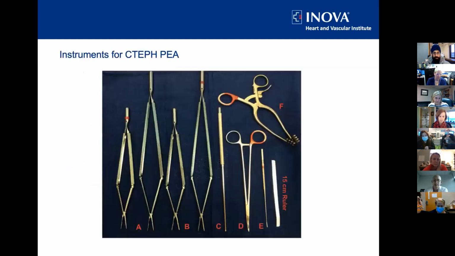There's no doubt that San Diego has been at the forefront, leading the development of the operation and having the world's largest experience of it. They came up with a couple of instruments that are unique to the operation that aren't really used elsewhere.